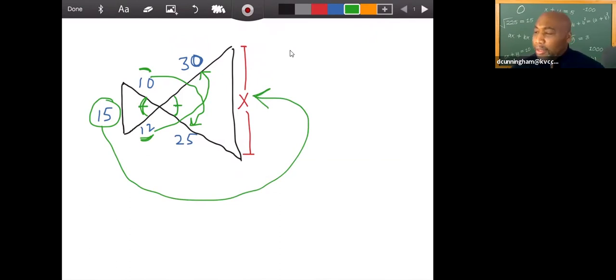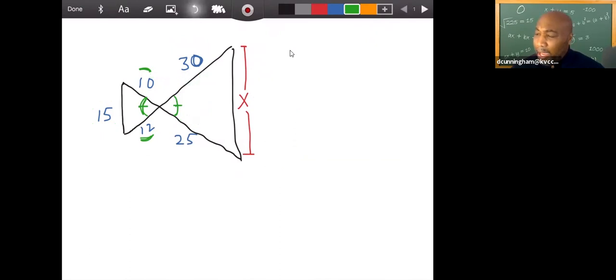So I'm going to delete all that so you can see what we have here. Again, using the vertical angles, knowing that this angle is equal to that angle, the relationship we have right now is 10 over 25 is equal to 12 over 30, which they are. Proportionally, they are equal to each other as we do our calculations.